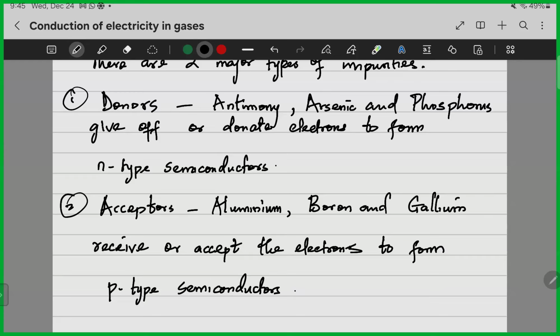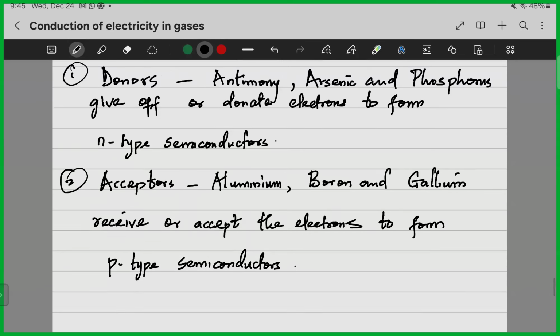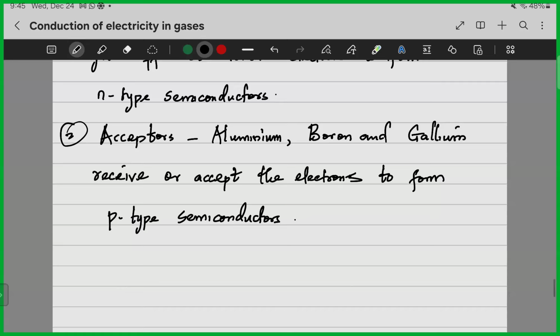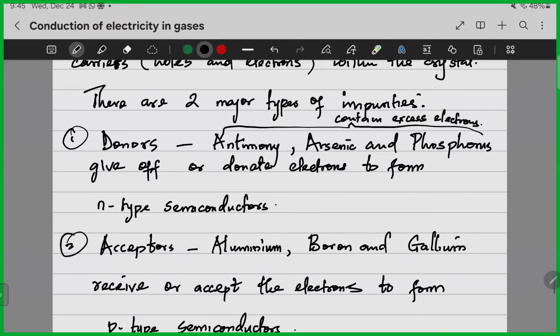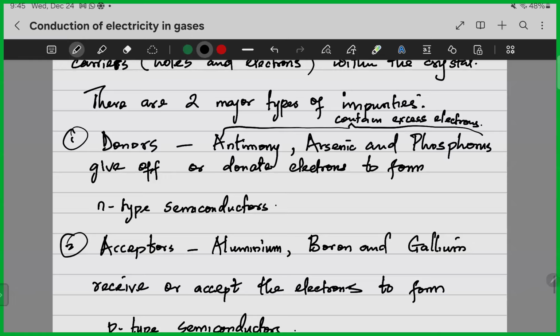So the N-type contains mostly free electrons. It has excess electrons. So the charge carriers for donors are excess electrons.